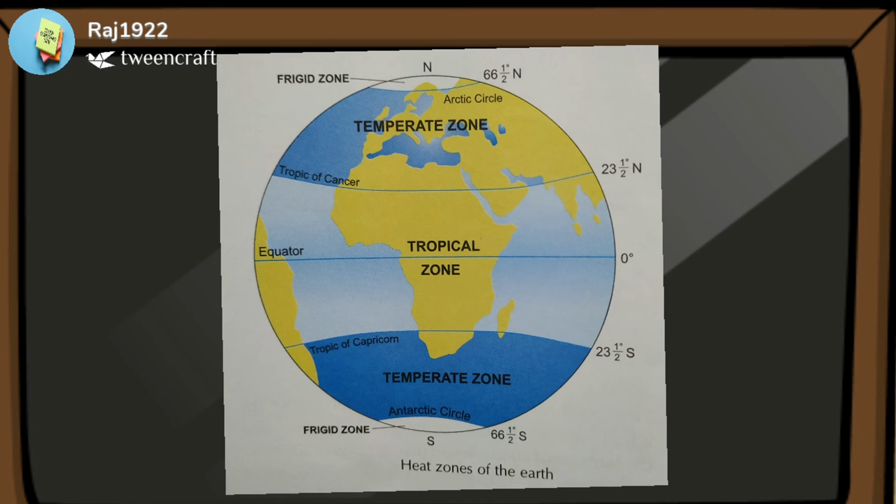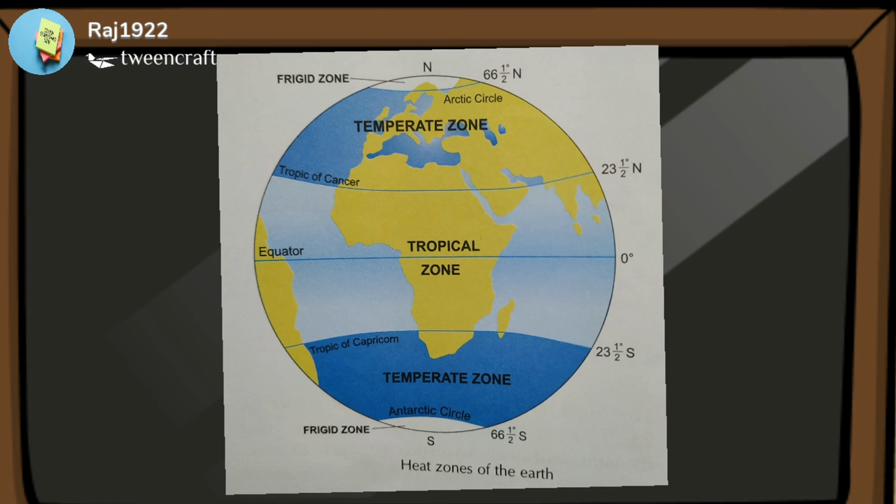The sun never shines on these areas vertically. In fact, the angle of the sun's rays keeps decreasing as one moves from the tropics to the poles. Since the rays of the sun are always slanted, these areas receive much less heat than the torrid zone.